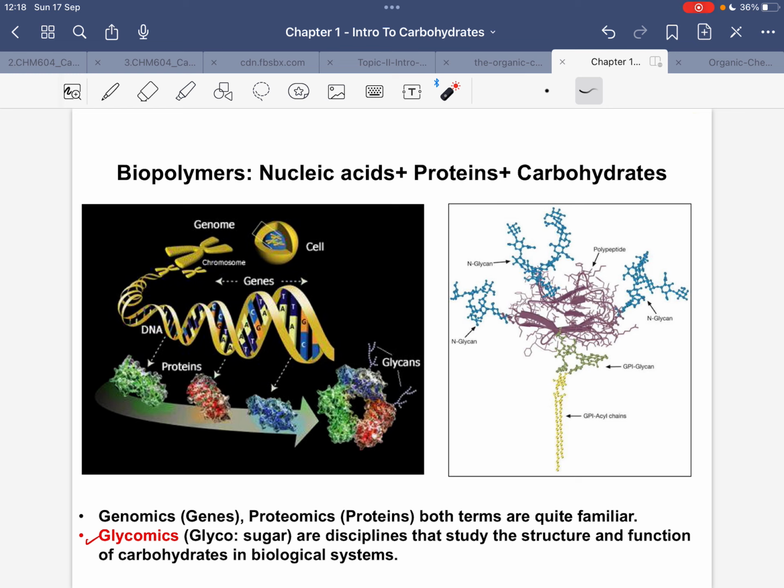Ang carbohydrates nga naa sa cell surface gikan na siya sa mga sugars nga gikaon nato sa atong pagkaon, ma-metabolize siya, gina-absorb siya sa cell and gina-metabolize siya sulod sa cell, and ang end product is gina-release siya sa cell para himuon siyang layering sa iyang surface, and it becomes another sugar. So, it becomes a sialic acid, to be particular.